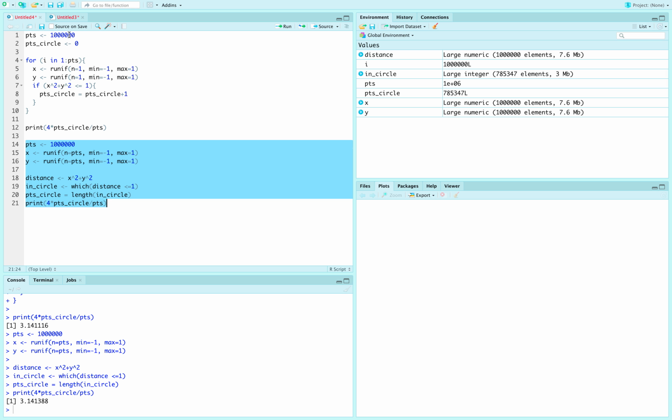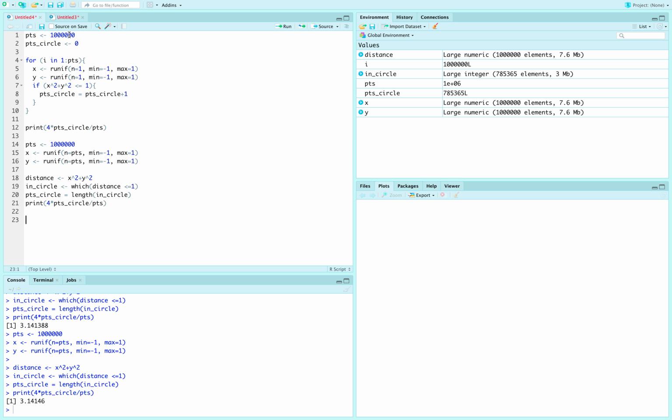Notice, 1 million times pa rin tayo nag-throw ng dart and evidently mas mabilis yung computation because here we work with matrix, and based from this, using Monte Carlo simulation, the approximate value of pi is 3.14138. Run natin ulit. The approximate value of pi is 3.14146. Now, let's have a visualization of this.